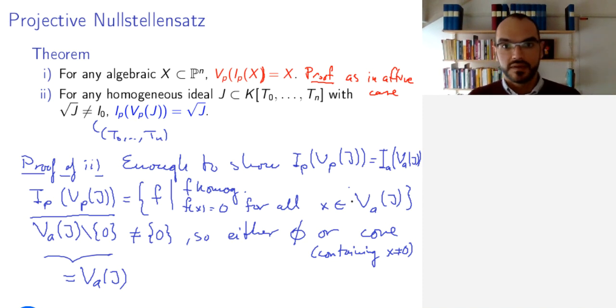But now VA of J is a cone because J is a homogeneous graded ideal. So since when we have a cone, the vanishing ideal of this cone in affine space consists of homogeneous polynomials. It's a homogeneous ideal.